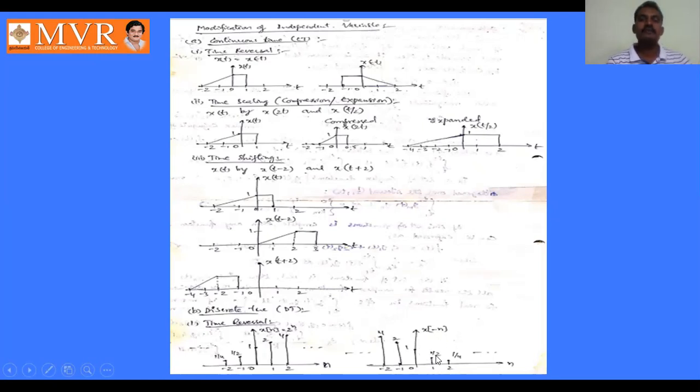Like this, we get the same waveform reflected. This is the mirror image of x of n equal to 2 power n.